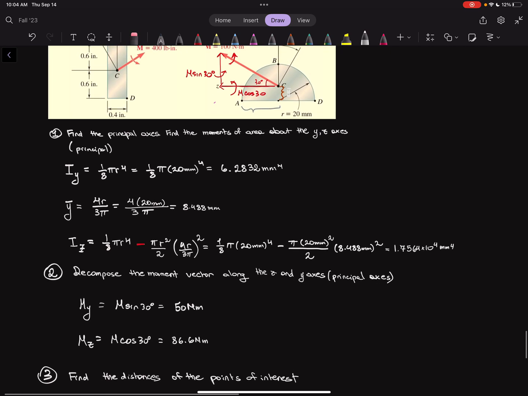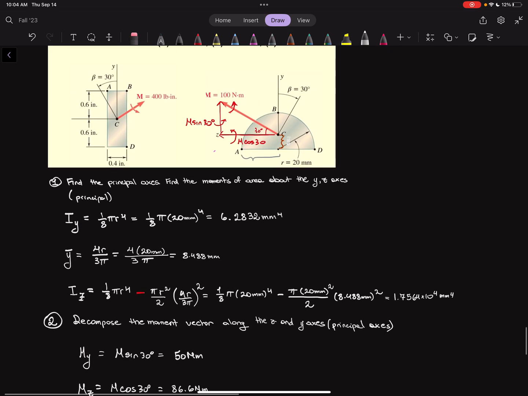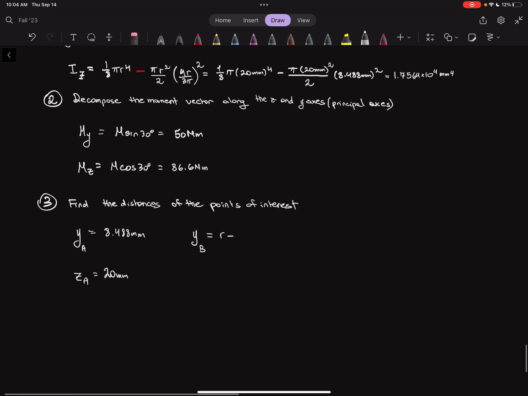Okay? Well, what about B? YB, distance along y. So the y coordinate of B. Well, that's going to be the radius minus my distance y-bar, right? So that's going to be the radius minus this, which is going to be 20 millimeters minus 8.488 millimeters.